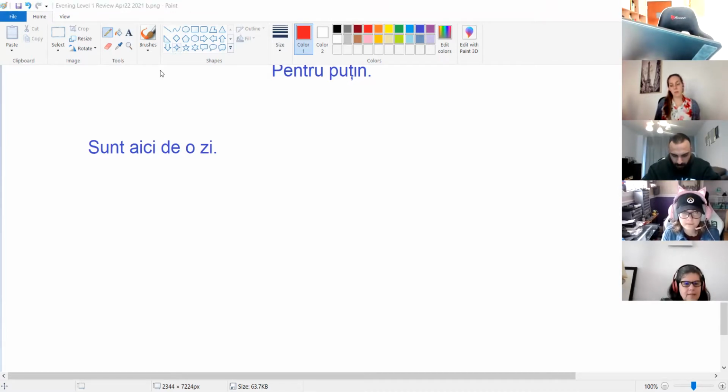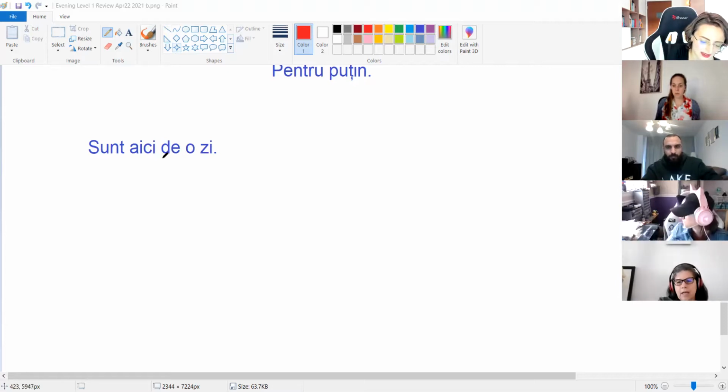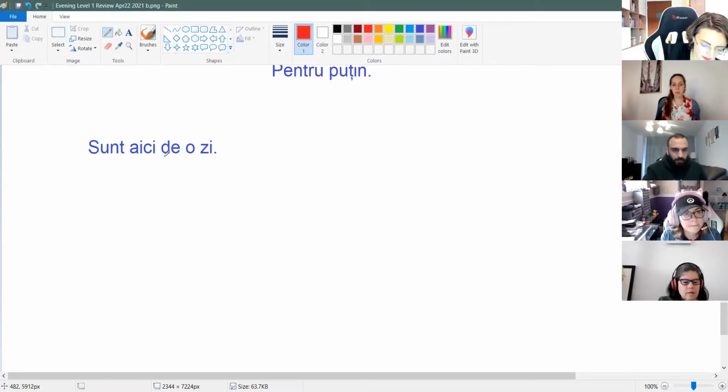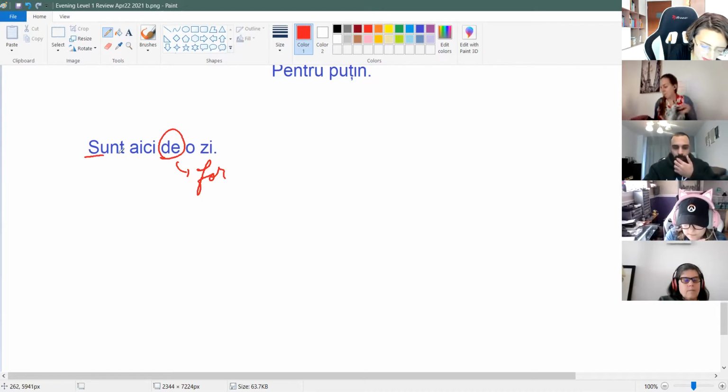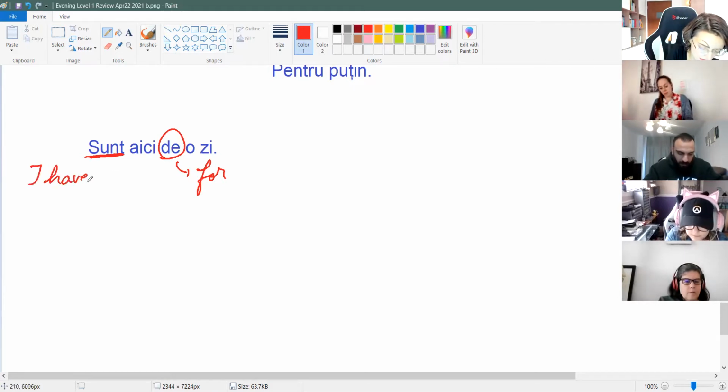The de in this case means for. And because you have this de, sunt, which normally means I am, is going to be translated as I have been here for a day.